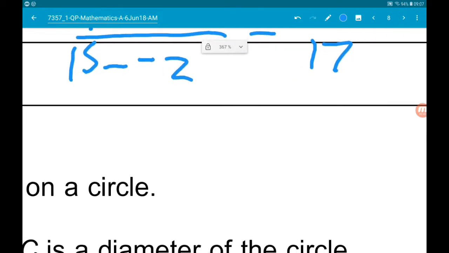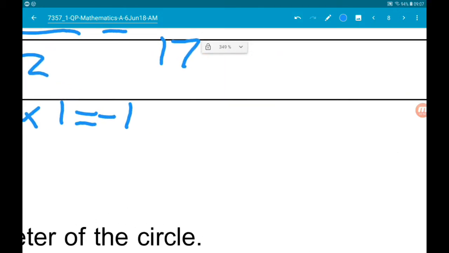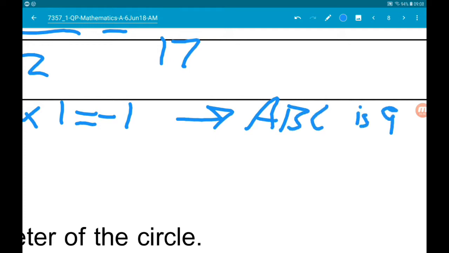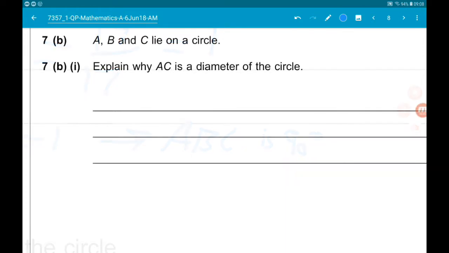Now, -1 times 1 does indeed equal -1. Therefore, the lines are perpendicular and ABC is 90 degrees. Cool.